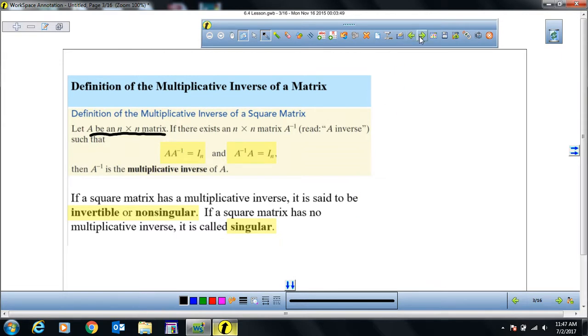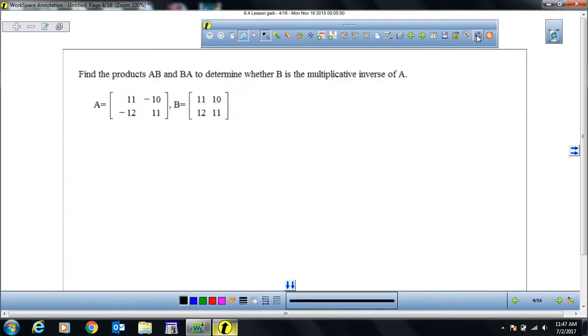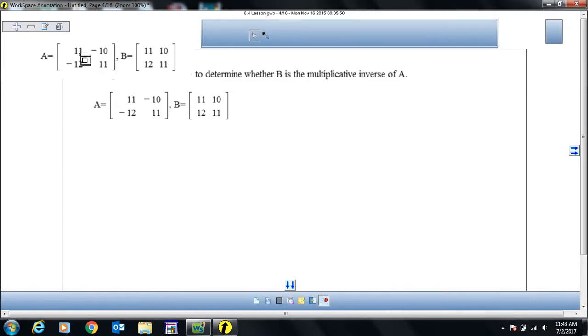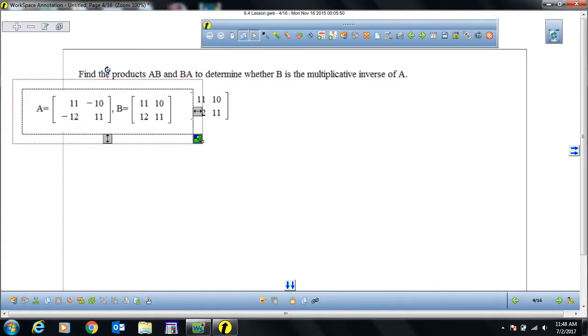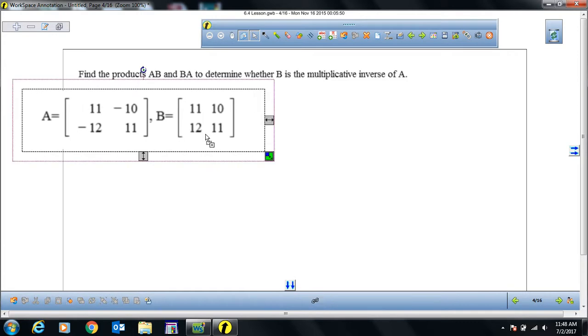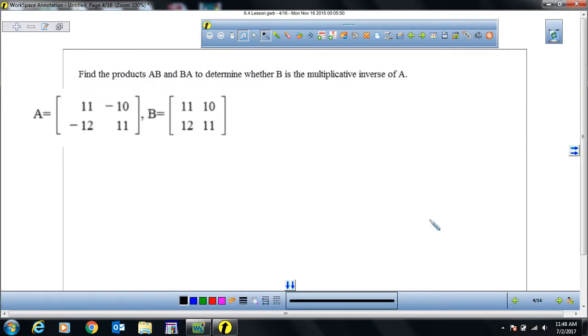Let's go ahead and do the multiplication right here and determine if these two matrices are inverses of each other. Okay. So we need to find the products AB and BA to determine whether B is a multiplicative inverse of A. So let's do it one way. Now right here we don't have to check the orders, just like I showed you in the previous section, because the two matrices have the exact same order.